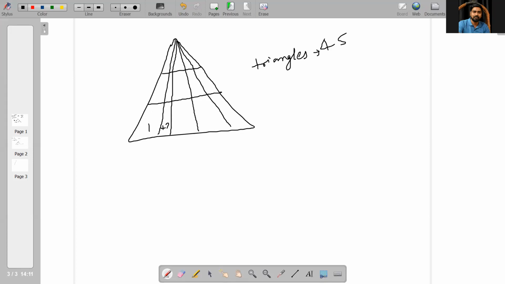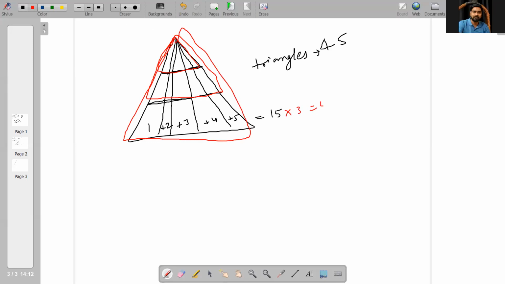Okay, like the number of triangles you're saying? How much are you getting out here? 15, and then multiply with them. Multiply with what? Yes, we'll have to see that over here, there's one more line over here, a horizontal line. This is the first one, this is the second one, and this is the third one. Okay, so 15 into 3 equals 45. That's very good.